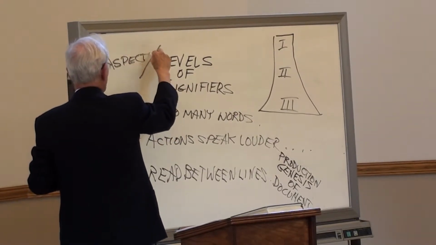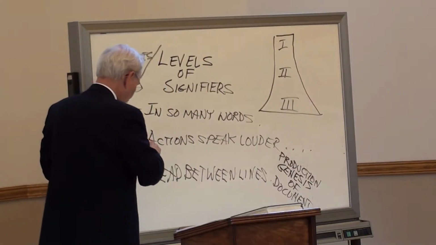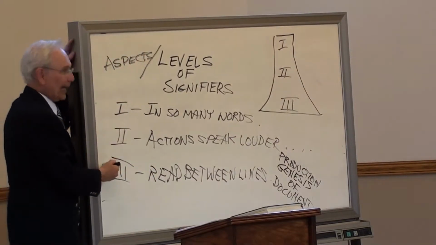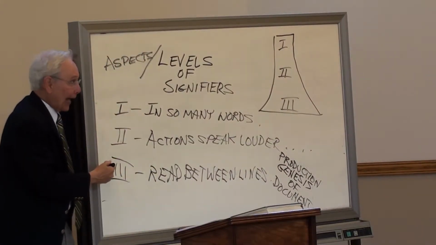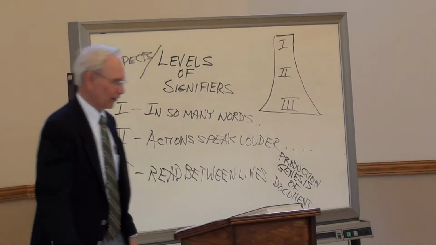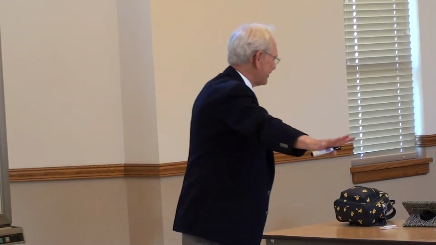Aspects is probably better, and I use that on this page here, because it's really not deeper as you go down. Because you'll hear seminarians say something like this: "Well, Prof, I heard you say such and such. Were you on level 5 there?" Well, it doesn't mean it like that.